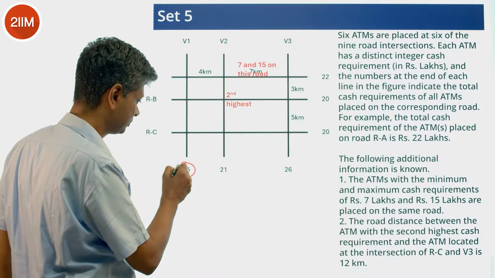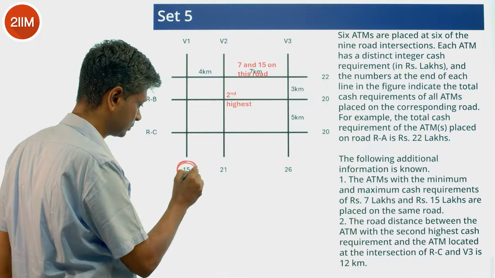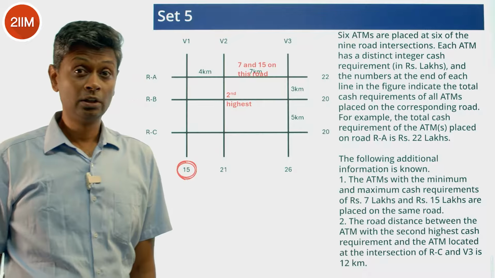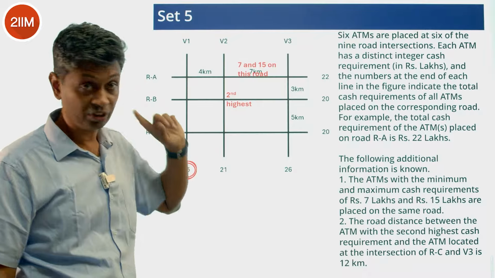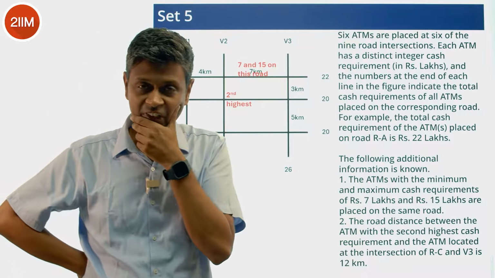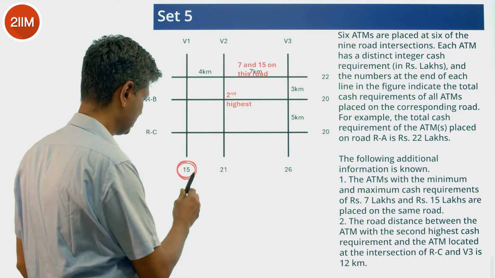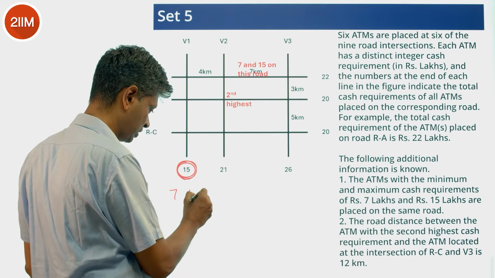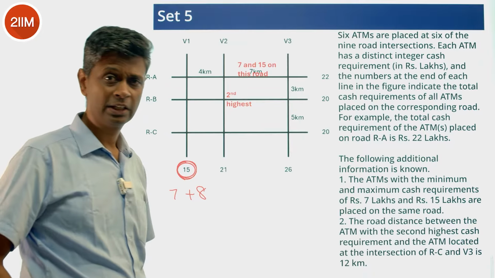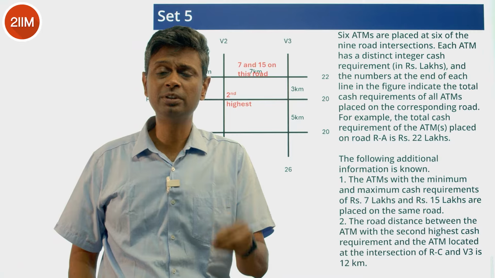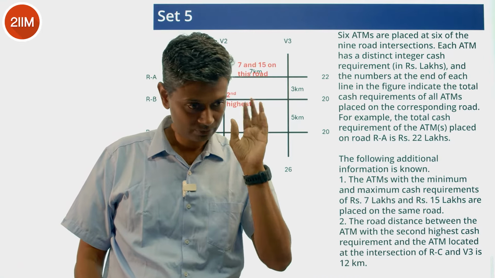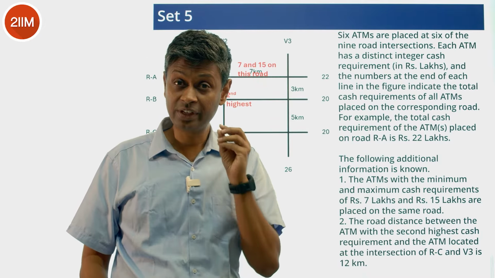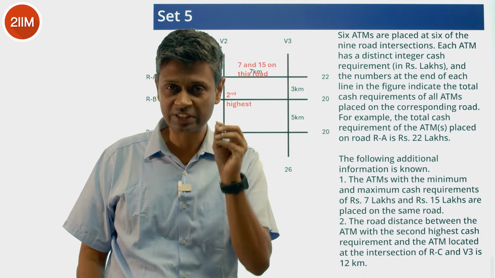This is 15. 7 and 15 are present here. How can we achieve 15? 15 can be 7 plus 8. Minimum is 7. Minimum total possible is 7 plus 8, 15. Nothing else is possible, and 15 can be achieved only as 7 plus 8.